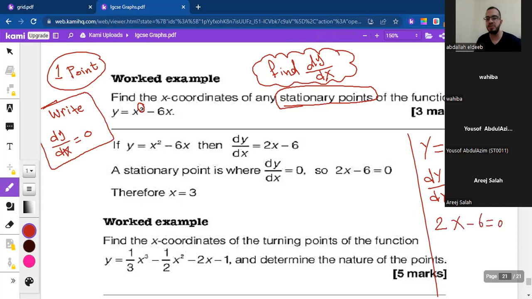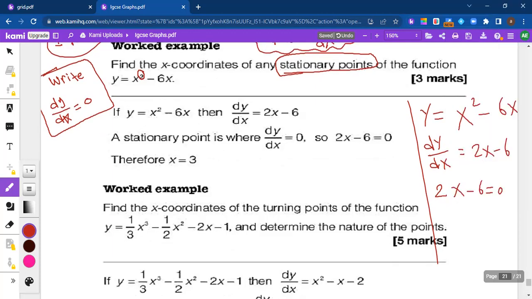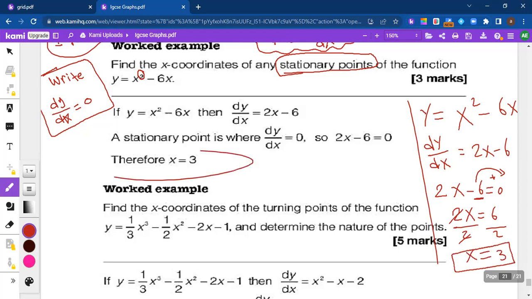Now solve the equation, normal equation, to find x, only to find x. What should I do for 6? Shift 6 with positive sign. So it will be 2x equals 6, then x equals 6 divided by 2, which is 3. x equals 3. Done. x equals 3.